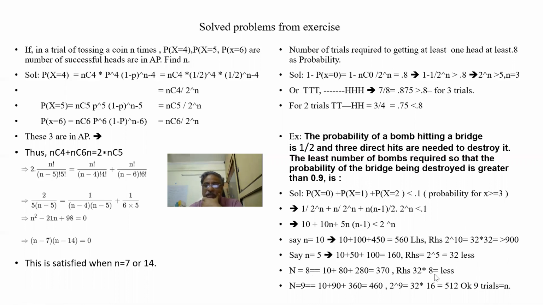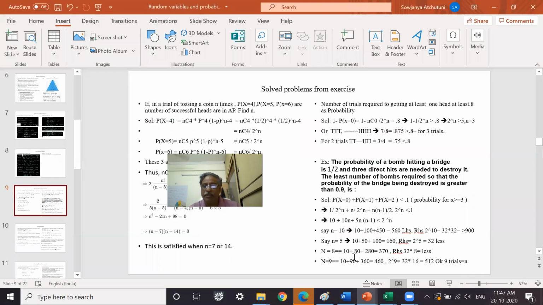I am putting n as 9. What is left hand side? 10 plus 10n plus 5n into n minus 1. 10 into 9, 90. 5 into 9, 45 into 8, 360. Total 460. Right side is 500.